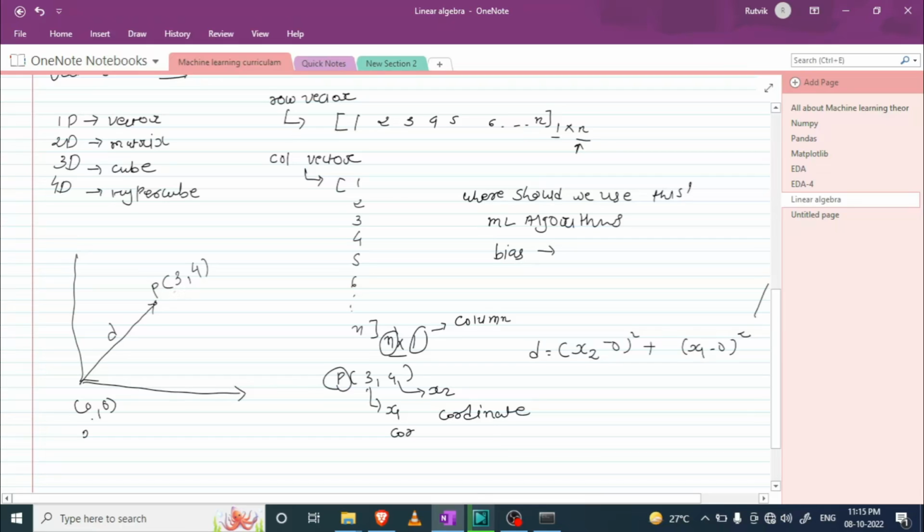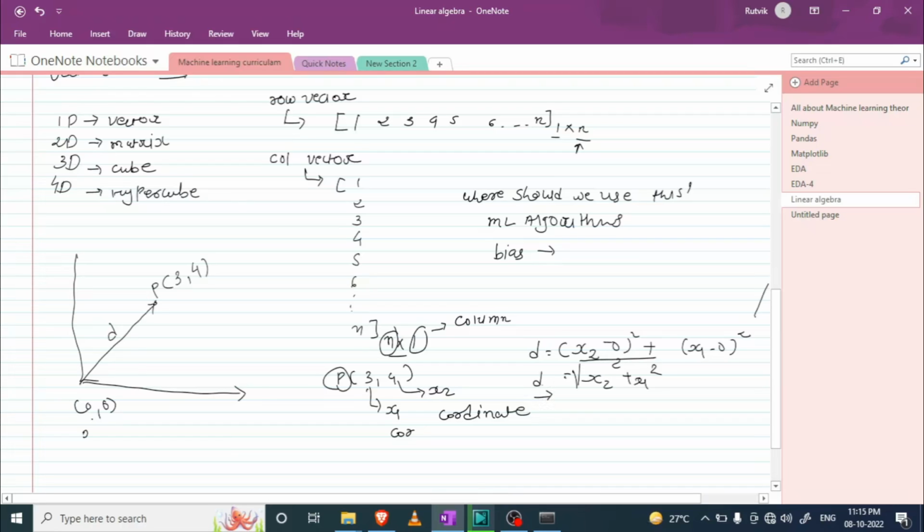As you can see here, it is x2 square plus x1 square, and I am going to take the root of this value, and this way we calculate this distance.